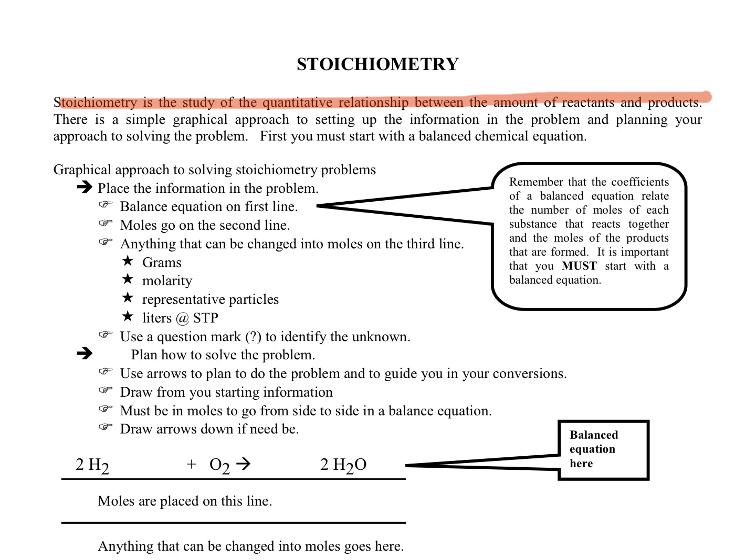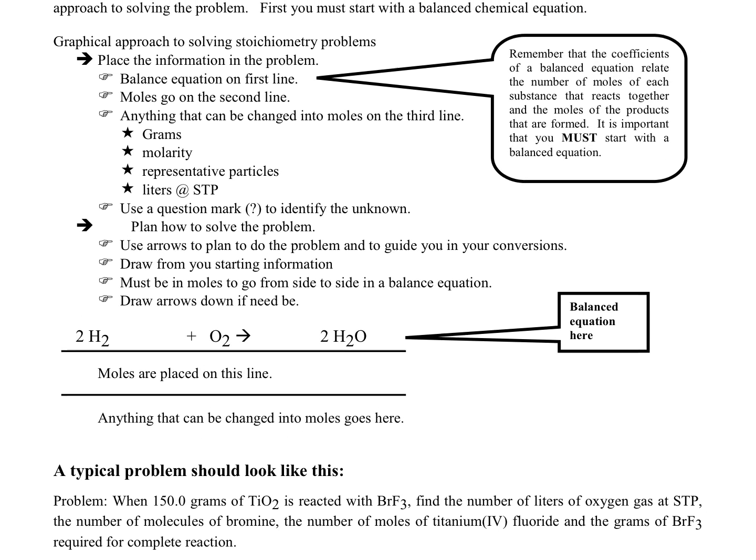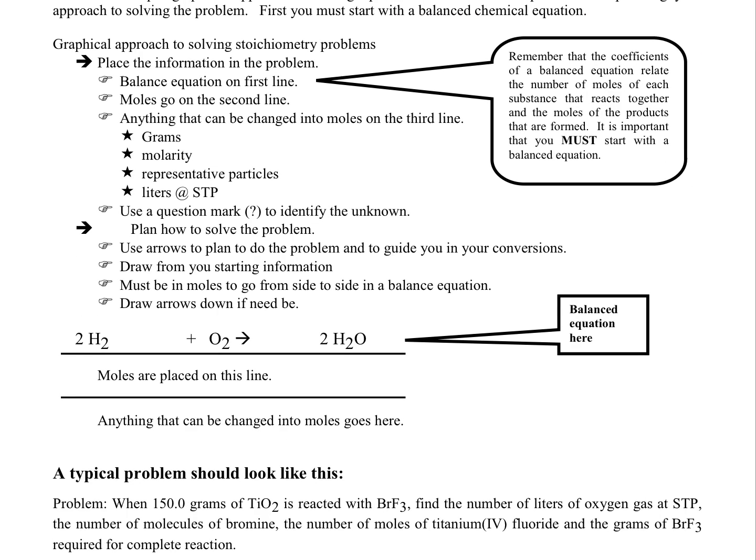The way we're going to prevent those is anytime you're given an equation, you're going to follow these steps. First, you have the balanced equation. If it's not balanced, it's useless in my class. You need to balance the equation. Then under that, you're going to draw two lines. On this first line, you're only going to ever put moles.